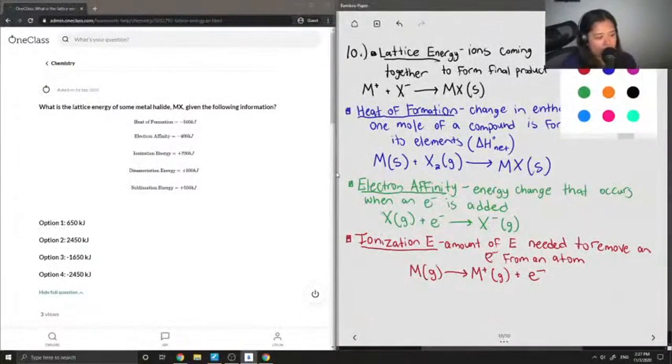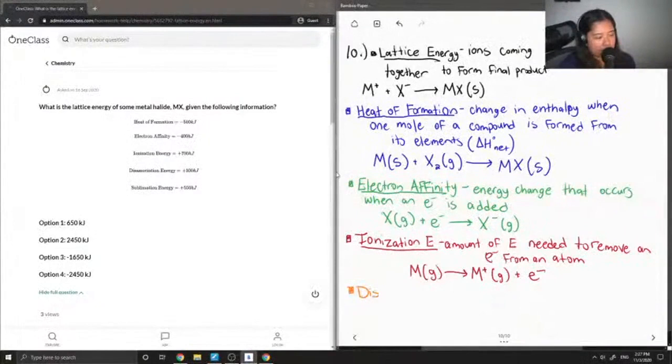Okay, so moving on, dissociation energy. Basically, it's the energy that's needed to break a bond.